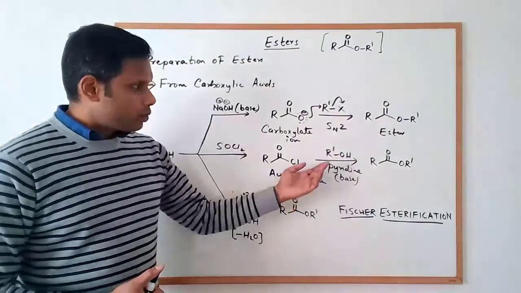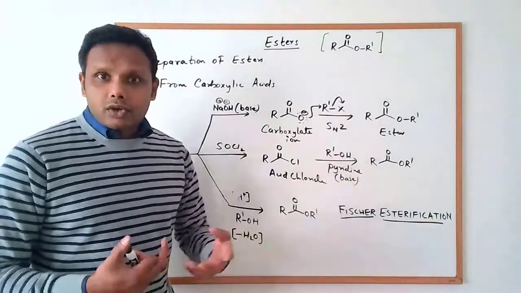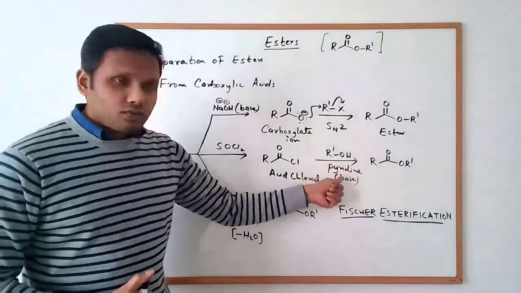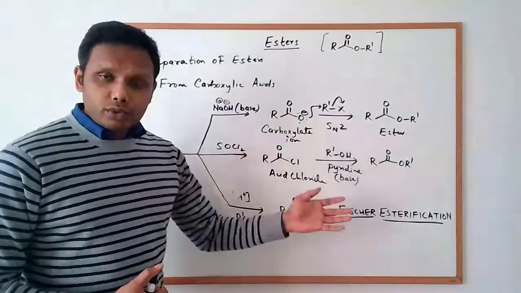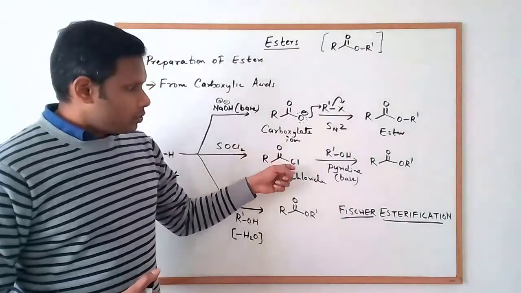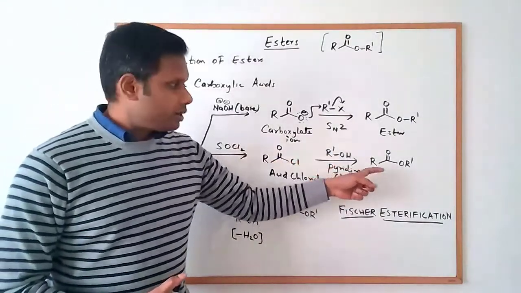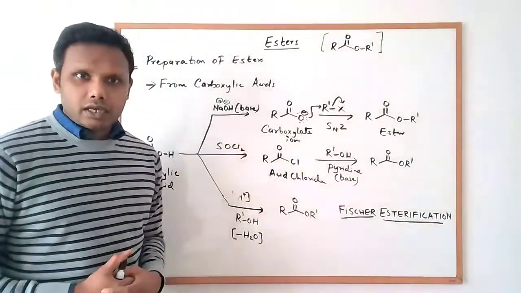Sometimes a base may not be involved, but excess alcohol is used, and that would work fine here too. But the base would make the overall reaction more efficient. Okay, it's going to push the reaction forward. So you could react the acid chloride with an alcohol in the presence of a base to again get your ester. So you can synthesize the ester that way.